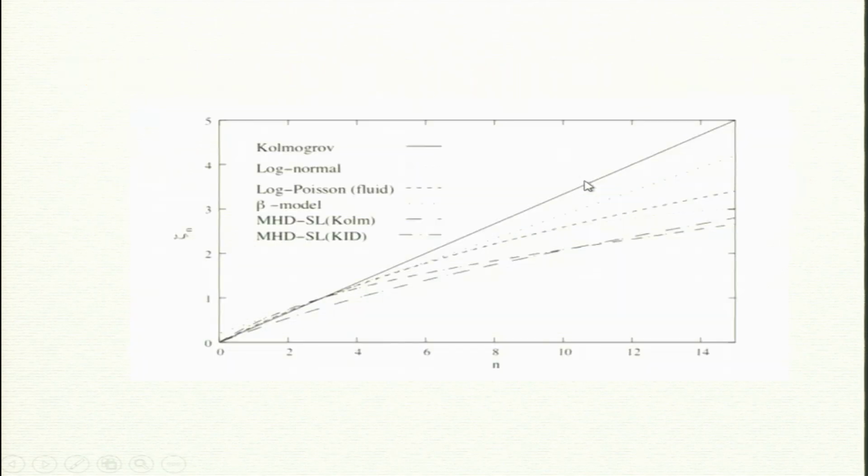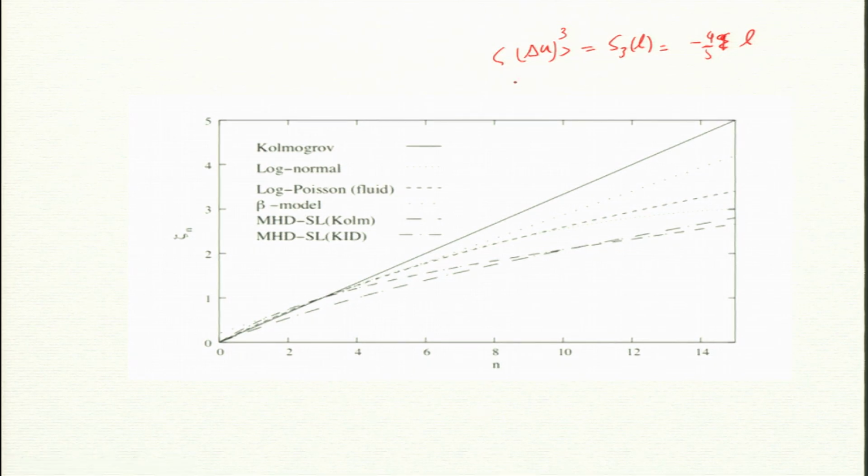Let us look at how these things fare. I forgot to say that in Kolmogorov's 4/5 theory, S3 of L is minus 4/5 epsilon L, where this is delta u cubed.